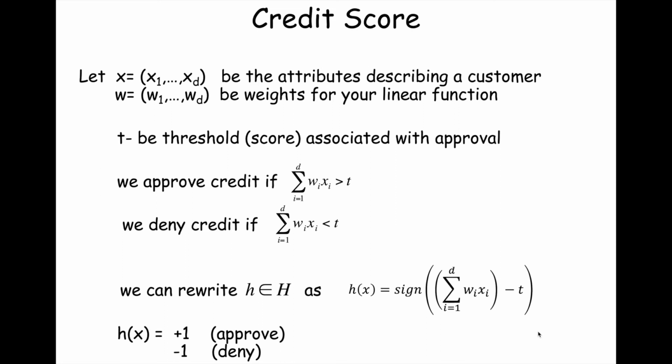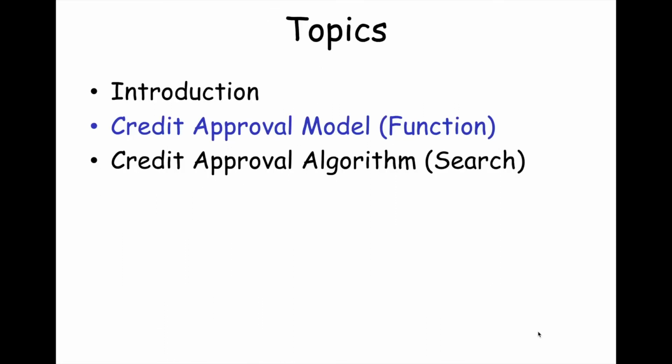If you give it a customer record expressed as a vector, it'll output a +1. That means it's approved. That's a positive example. If you give it an input vector whose result is -1, it'll give you a -1, which means to deny. All right. So that's going to be our mathematical approach we're going to use with our algorithm.